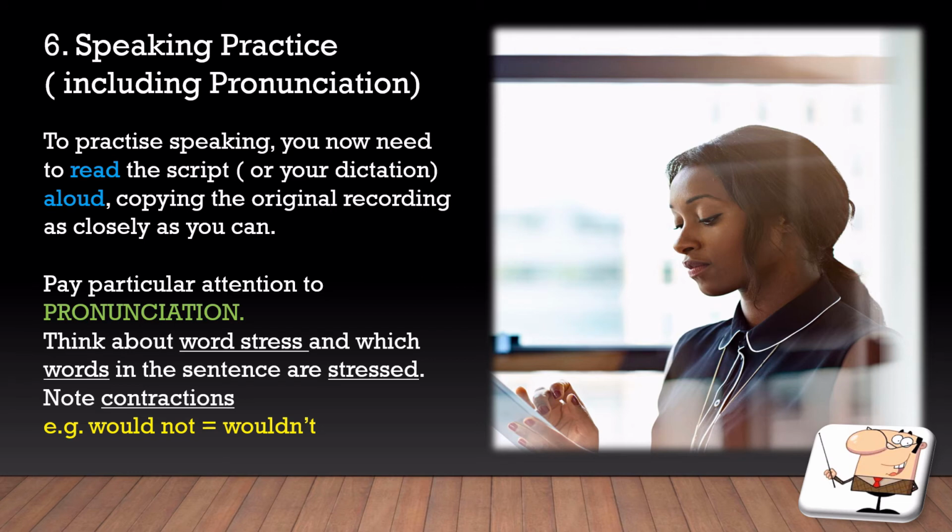Think about word stress and which words in the sentence are stressed. Note down any contractions. For example, would not is usually pronounced as wouldn't. And you need to read the script several times until you've got it almost perfect. If you can do this, I promise you it won't be long before you start to sound like a native speaker yourself.